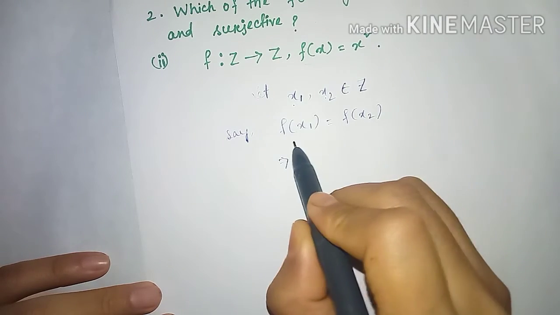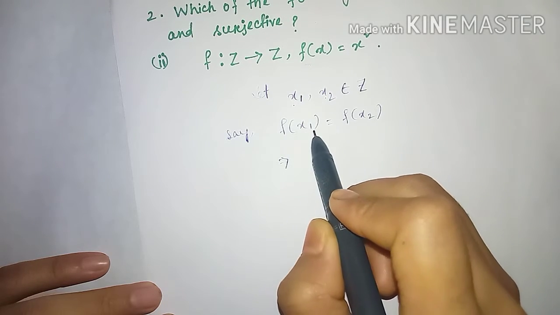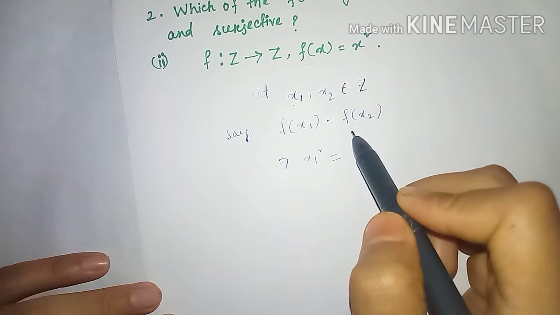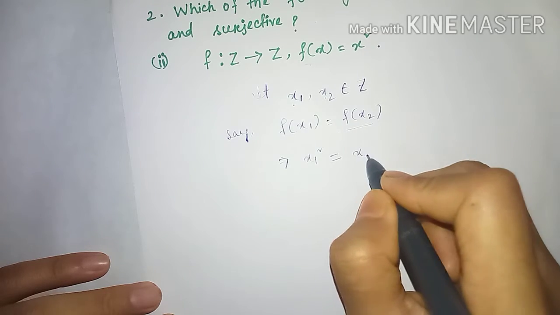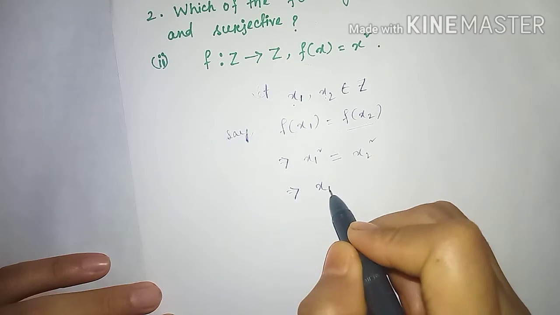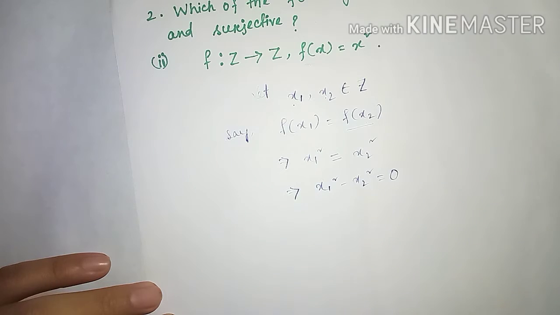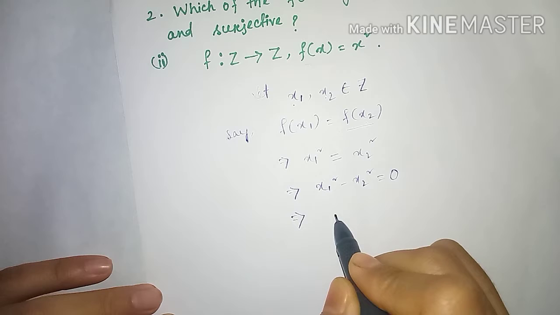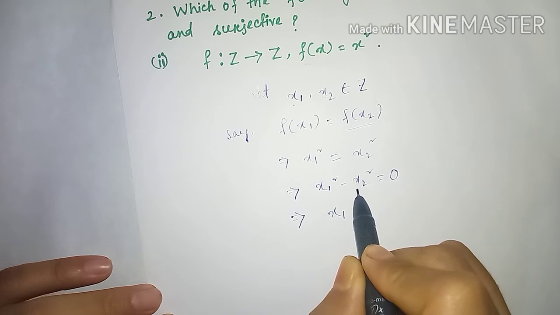Now, as defined above, here f of x1 implies x1 square equal, similarly f of x2 implies x2 square. Now we solve this, right? This is in the form a square minus b square.